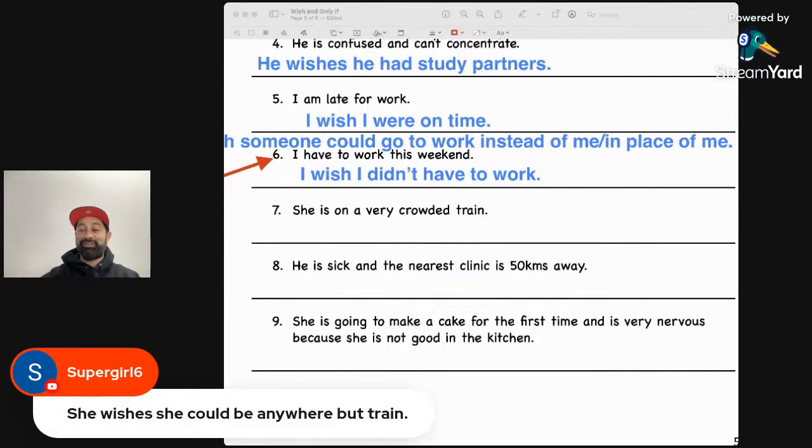You just used the same example as I just did, and you used it for this situation. That's great, Supergirl. She wishes she could be anywhere but the train. Now, I'm just going to add one word, Supergirl. She wishes she could be anywhere. That's tough to say. Try saying that 5 times fast. She wishes she could be anywhere but on this train.